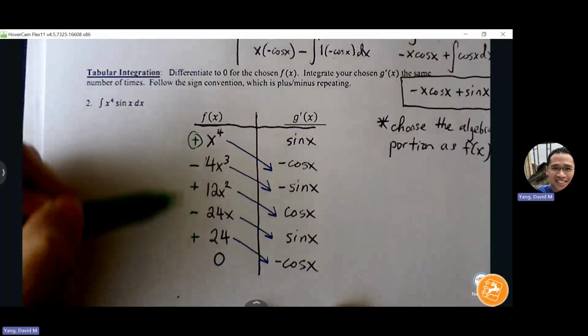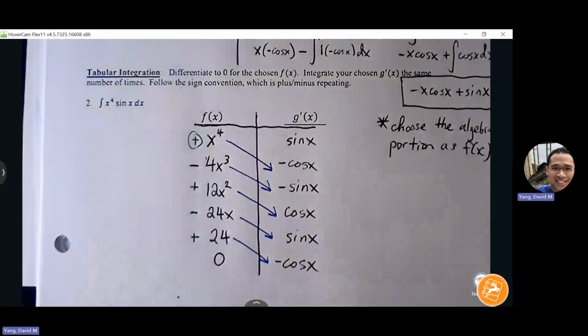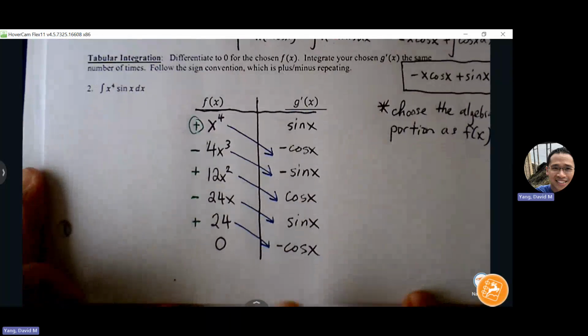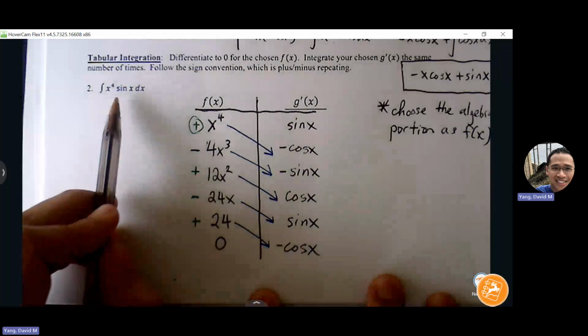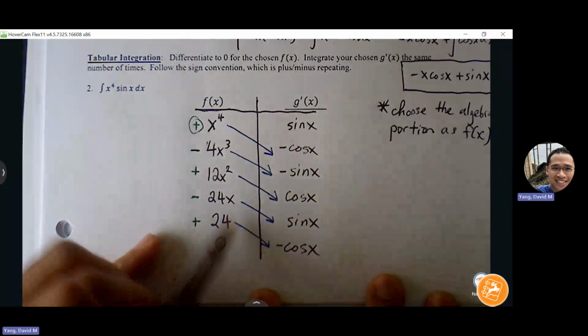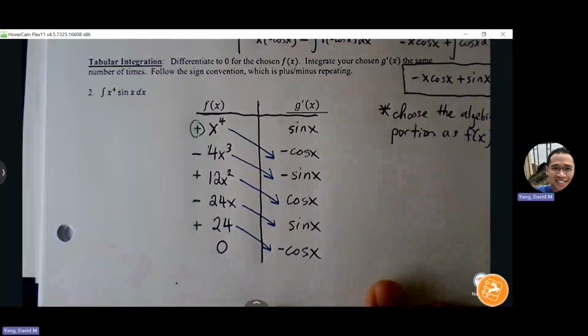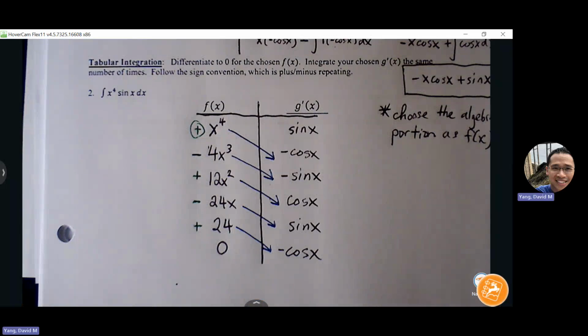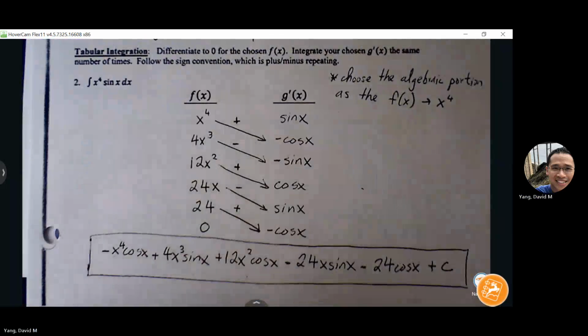I'm going to talk a little bit about why that's the case, but for now, let's just go through this and combine all this, and that's going to be our answer. Okay, so our antiderivative of this is going to be a series of all the products of these terms. So this is what our answer will look like.